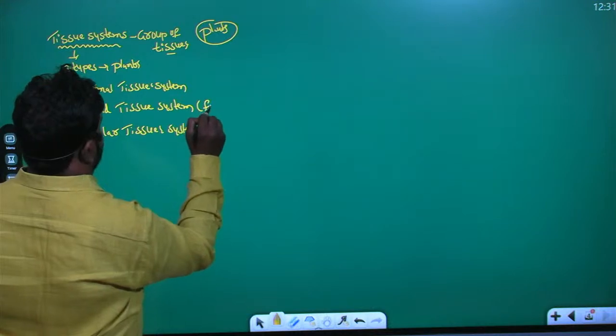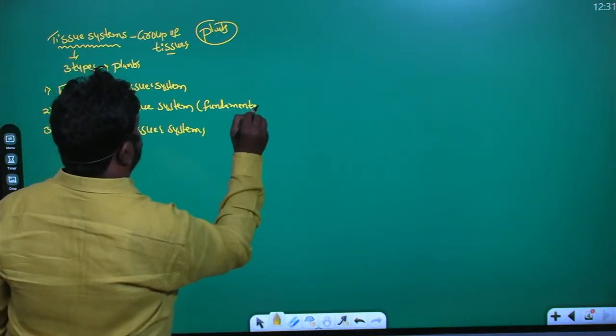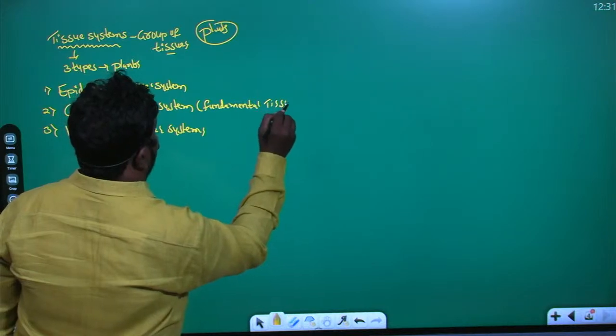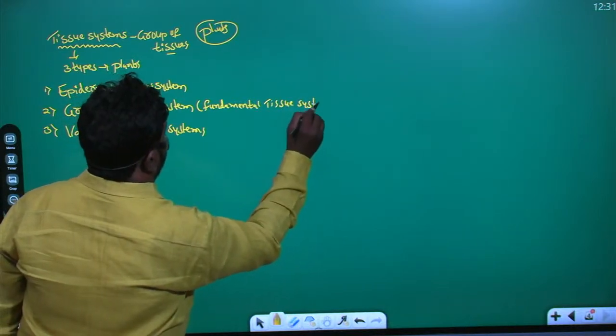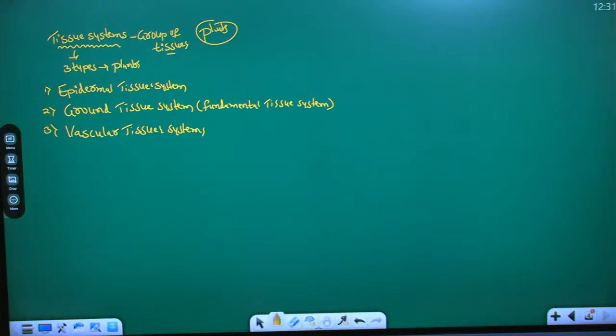This ground tissue system is also called the fundamental tissue system, also write this down in brackets.